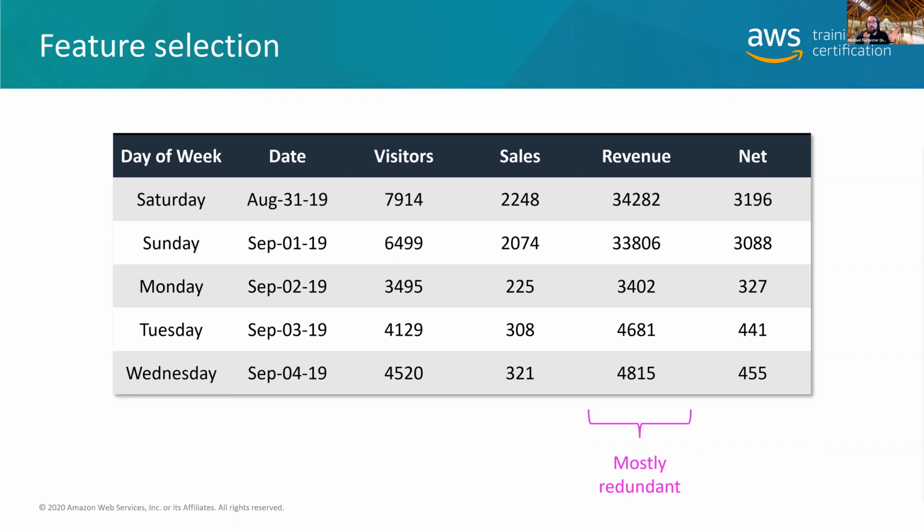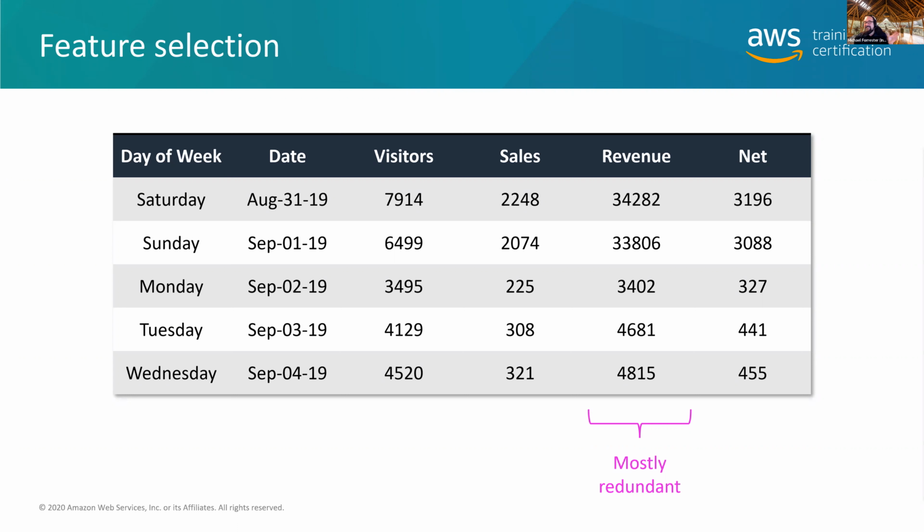Is there any reason to aggregate it to its most significant value, or can we just let that go altogether? Some of these features are going to be more important than others. For example, if we're looking for sales predictions, revenue might be redundant in this case, right? It might not, so we need to be careful.